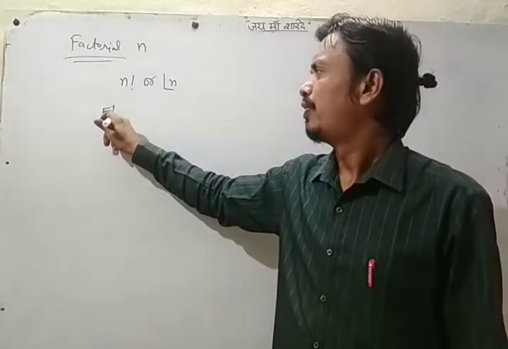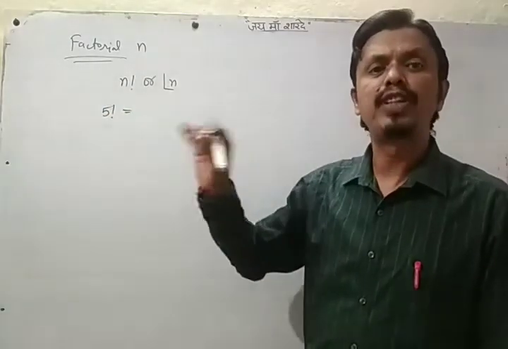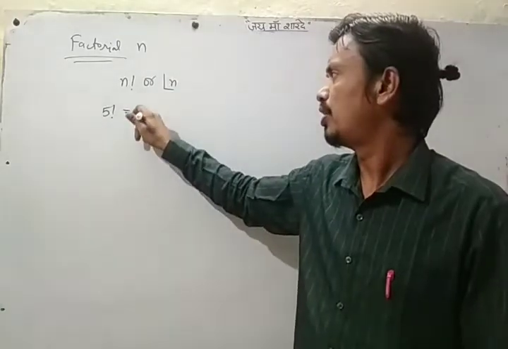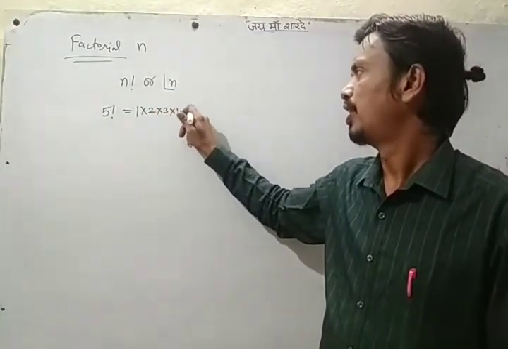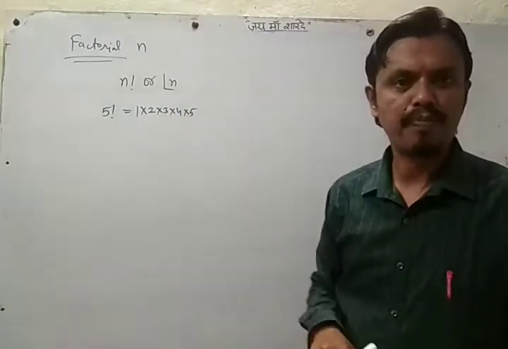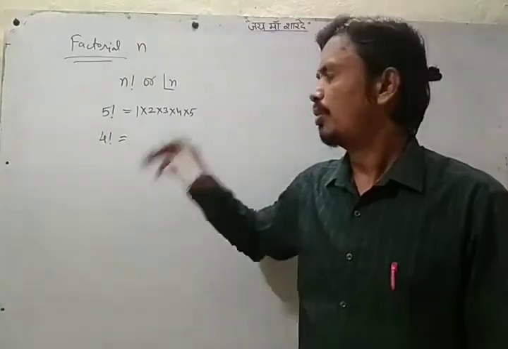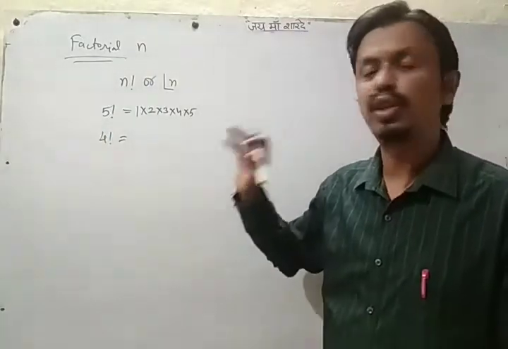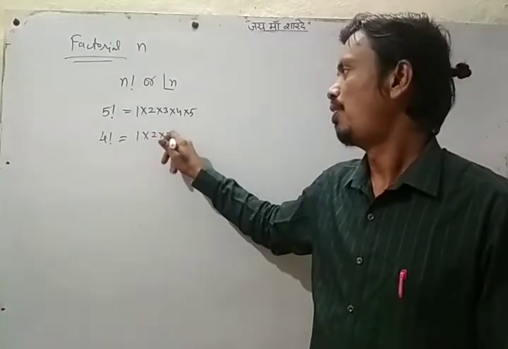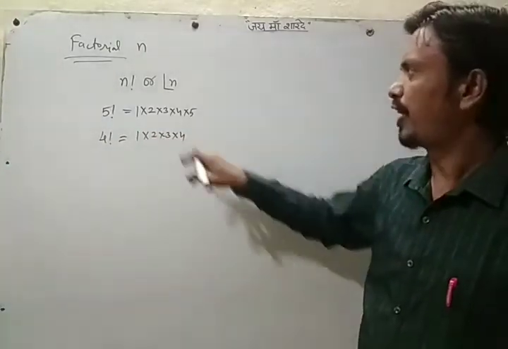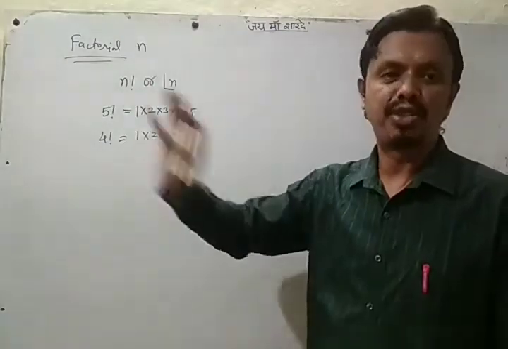Factorial 5 means the product of the first 5 natural numbers, 1 into 2 into 3 into 4 into 5. Factorial 4 means the product of the first 4 natural numbers, 1 into 2 into 3 into 4. So the meaning of factorial n is the product of the first n natural numbers.